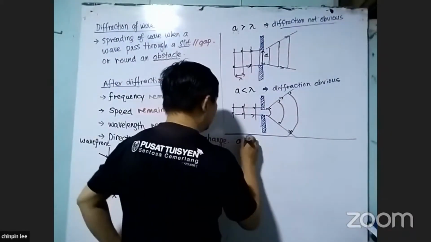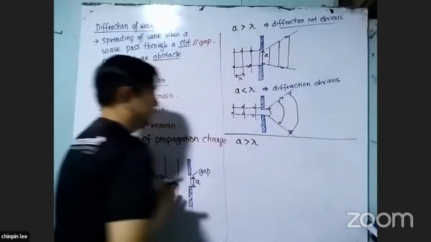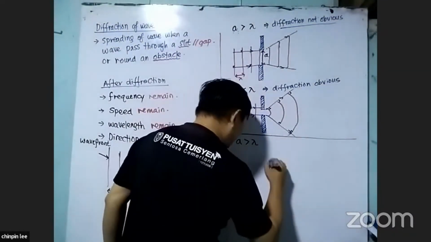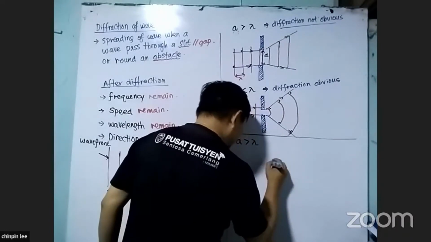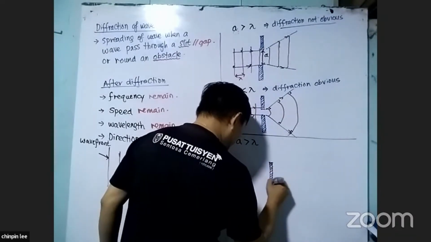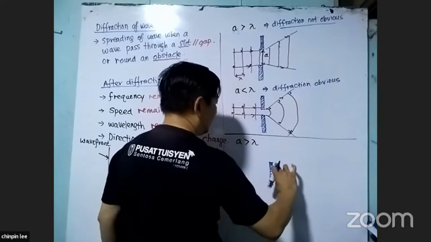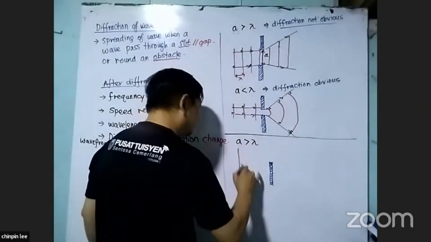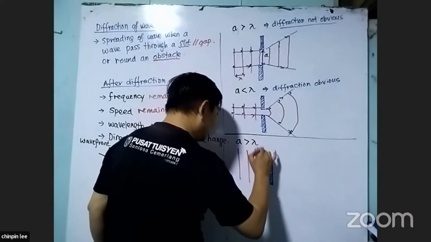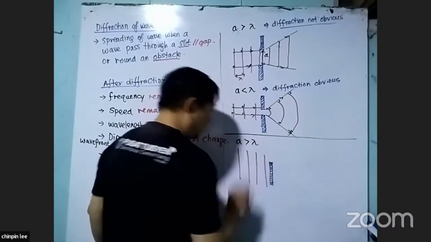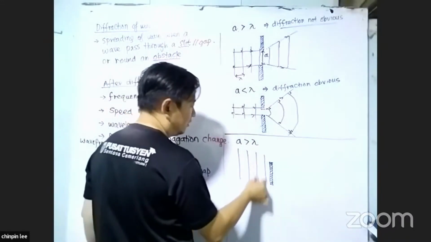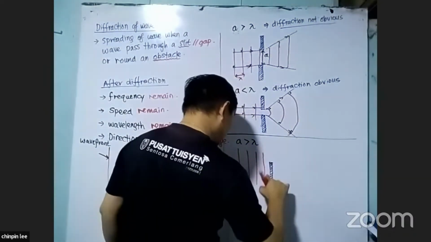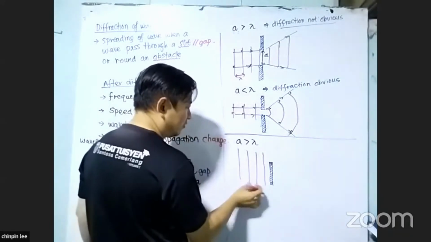When A is bigger than lambda, all right? So now I have one thing that blocks here. The A is big. This is an obstacle. This is the A. A is quite big. Now, my wave is coming from here.